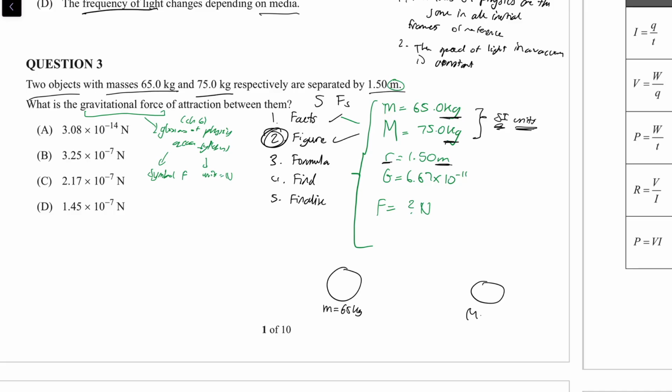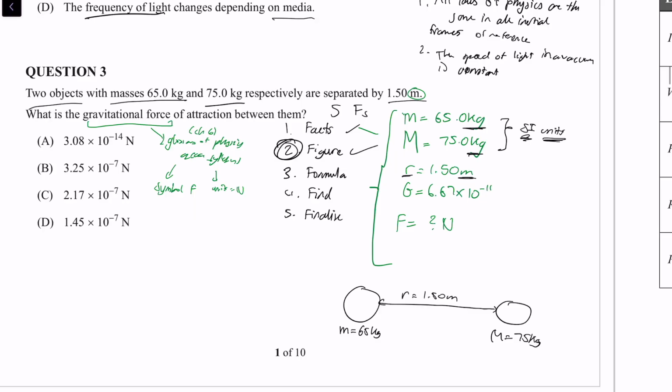So M equals 75 kilograms, and another big M, 65 kilograms, and we have a separation of distance 1.50 meters. Okay, noting that everything is in SI units. And I know the constant G is 6.67 times 10 to the negative 11.